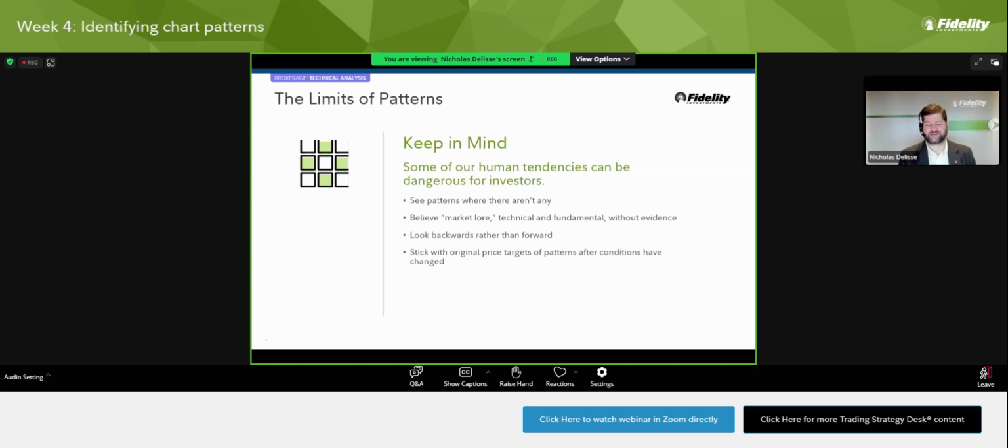So keep that in mind on why patterns exist, what causes patterns, the market mentality and such. Even if you think about the head and shoulders, it's the typical higher high, higher low, higher high, higher low, higher high, and then maybe not quite a higher low, and then it's not quite a higher high.